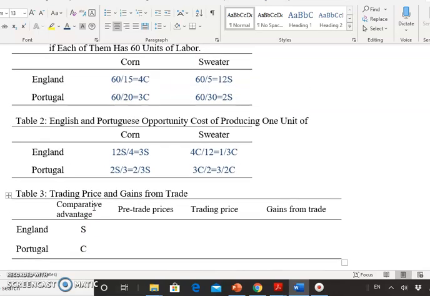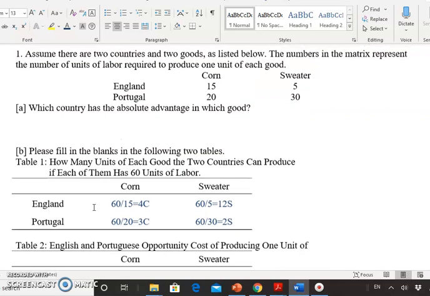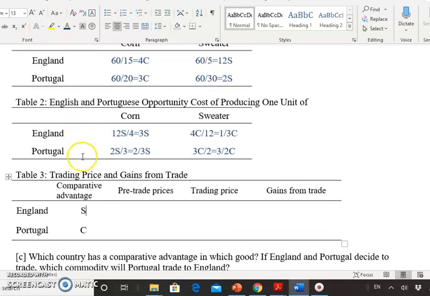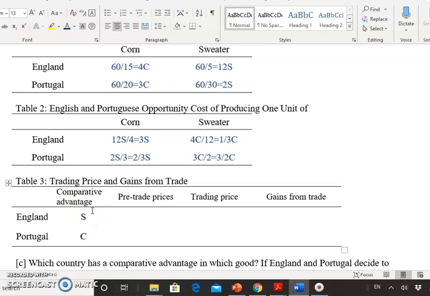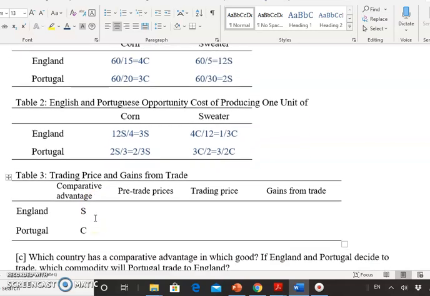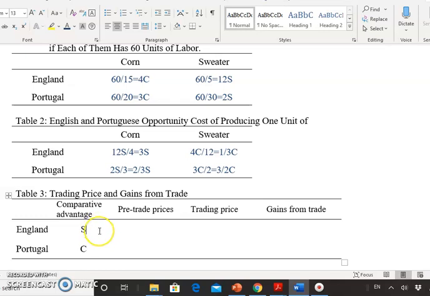Let me say this one more time. When we go back to part A, we find that England has absolute advantage in both goods. However, in table 3, we show that it has only the comparative advantage in sweater production. So that's the difference. From the outcome we already got, you can also tell the difference between absolute advantage and comparative advantage.